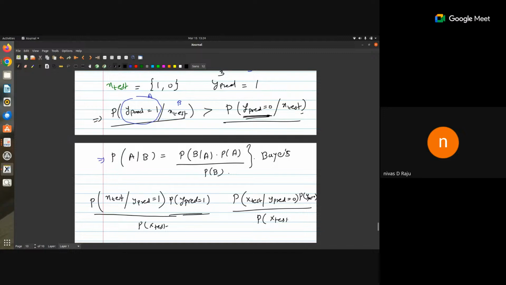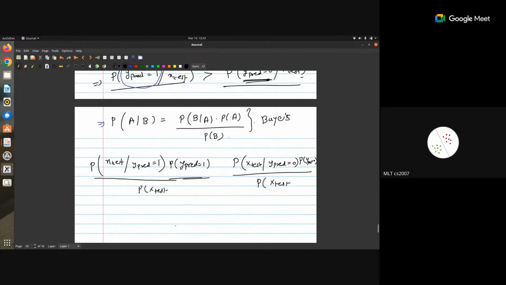If I wanted to compare these two quantities, can I say that I just need to compare only the numerator, not the denominator? Why? Because the denominators are the same on both sides.